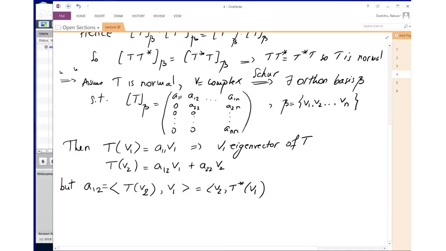And V1 is an eigenvector of T. We've seen that this means that V1 is an eigenvector of T star, corresponding to the complex conjugate of the original eigenvalue, which was A11.